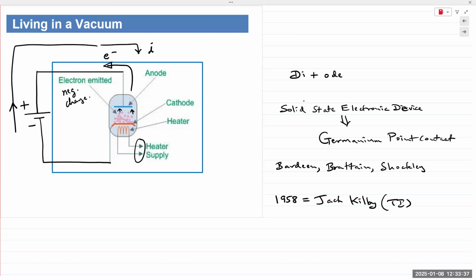So he is credited with the invention of the integrated circuit, or more commonly known as the IC. Now, an IC is like a PCB, a printed circuit board. I'm assuming everyone has at least seen one, if not actually worked with one, right?